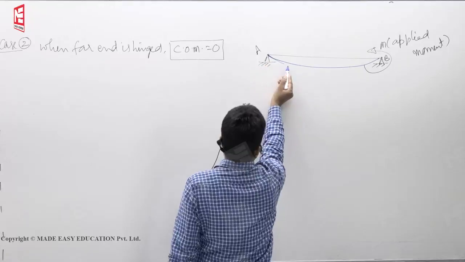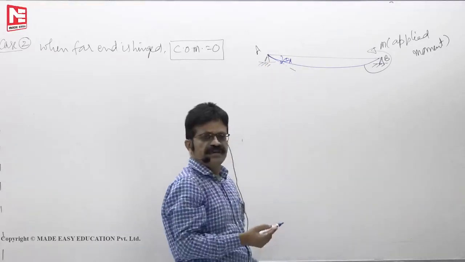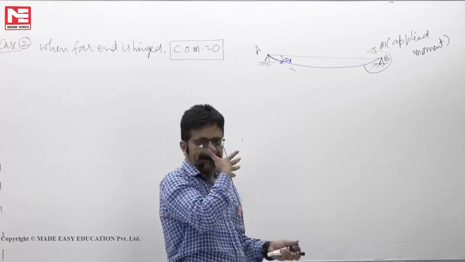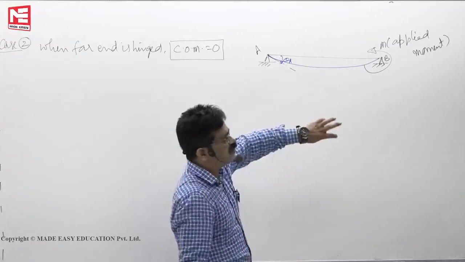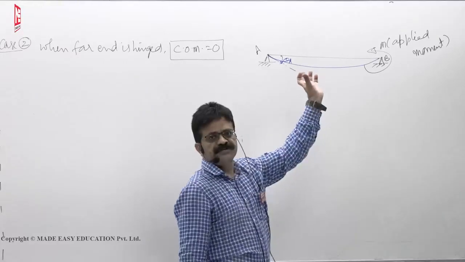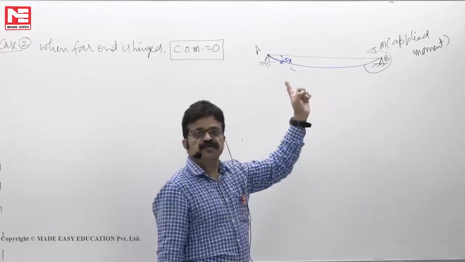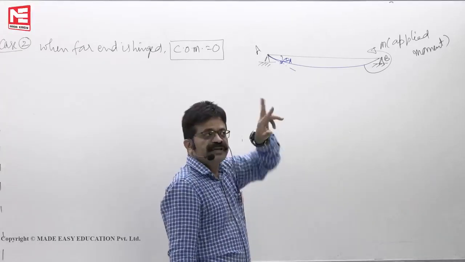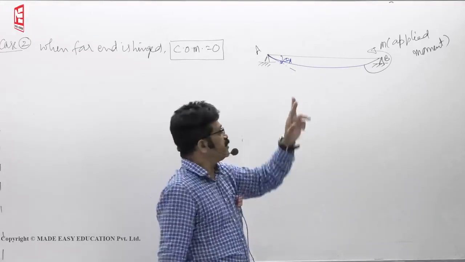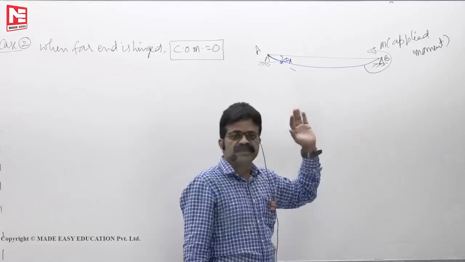This theta A, there is no one to make it 0. Hinge supports are free to rotate. At that hinge support, the beam is free to rotate. There is nobody to make the slope 0. So there is no one to give an anti-clockwise moment to make the slope 0. So the reaction is 0. That means the carryover moment, because of that applied moment, is also 0.